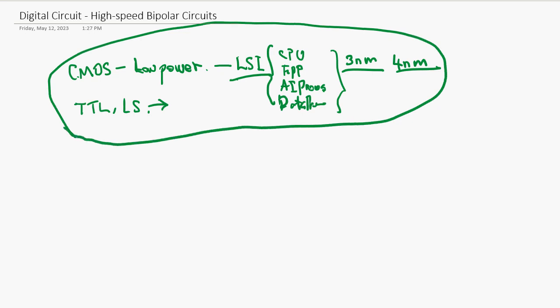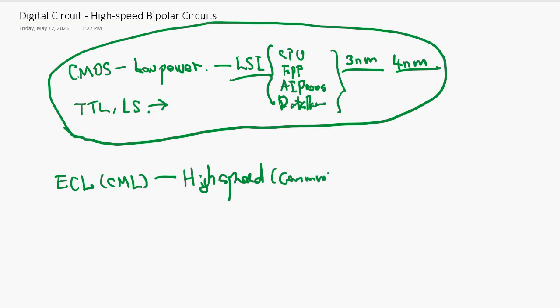Now beside that we have a technology called ECL, or sometimes CML, and this is used for high speed, like communication devices, and not like CMOS.